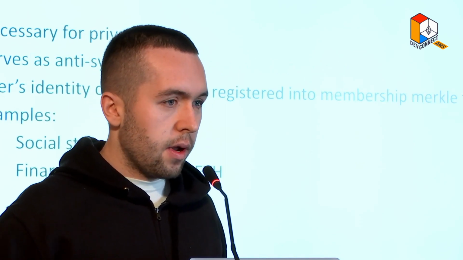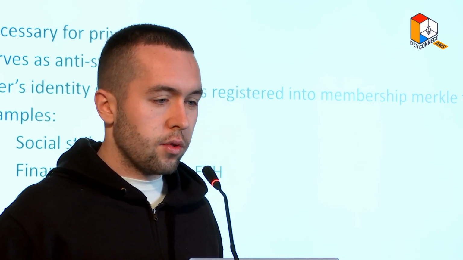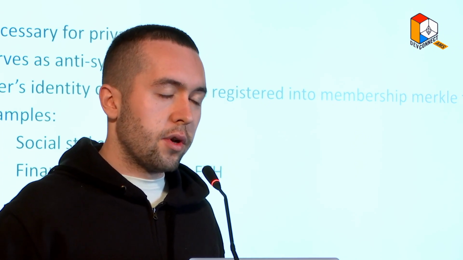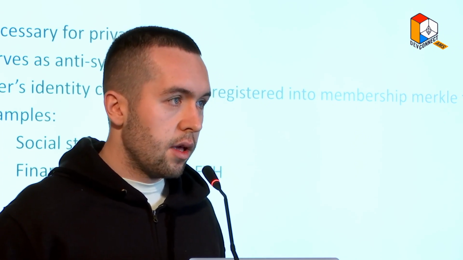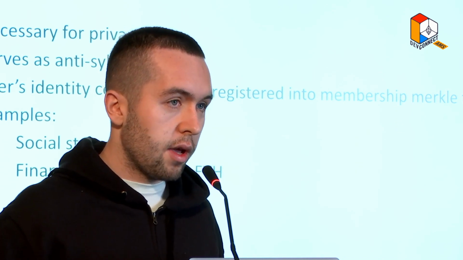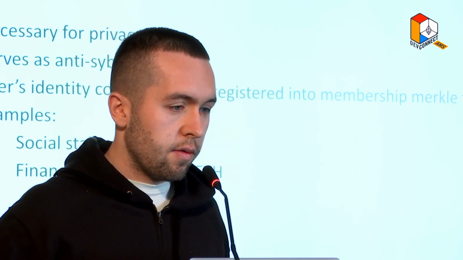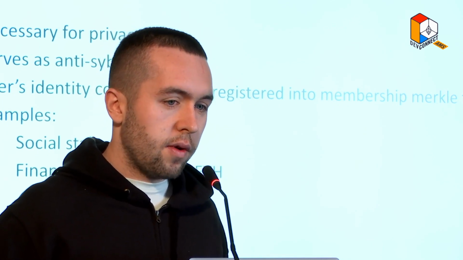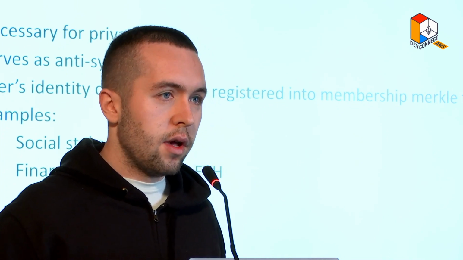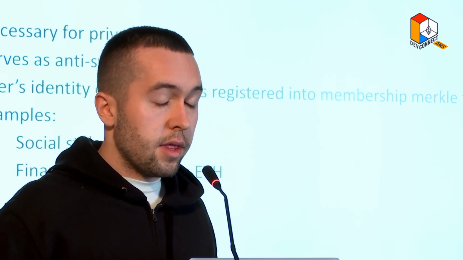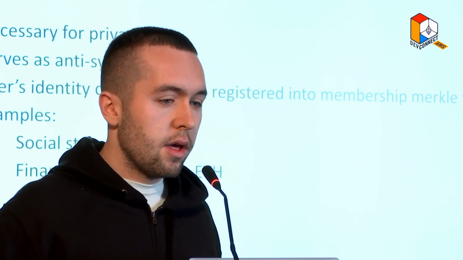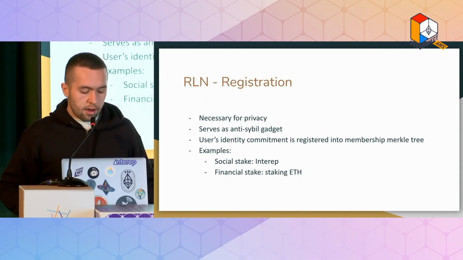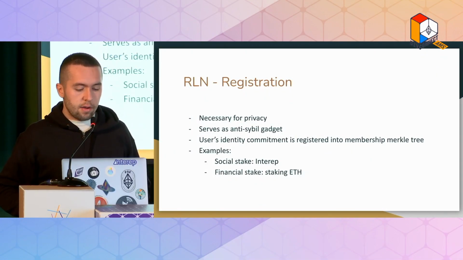In order for users to be able to send valid RLN ZK proofs and to participate in an application that uses RLN for spam protection, they need to be part of a membership Merkle tree. So RLN works on the concept of an anonymity set. A user is part of a set, and they can do certain actions, but they do not reveal their identity. This also serves as an anti-Sybil gadget.